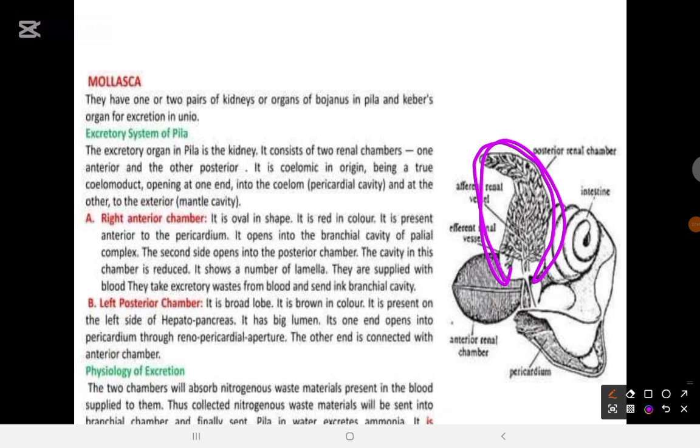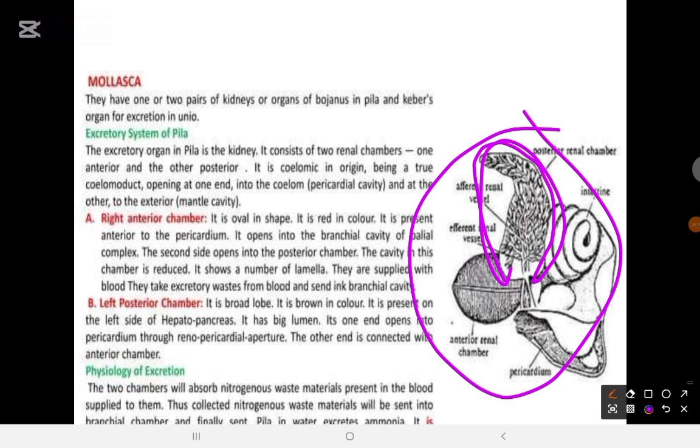Now it consists of two renal chambers, one anterior and the other posterior. It is coelomic in origin, being a true coelomoduct. What that means is that it is a true coelomate, that is, there is internal space between the organs.